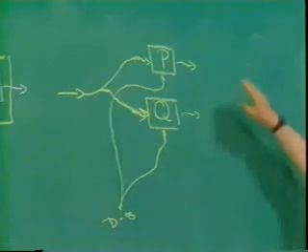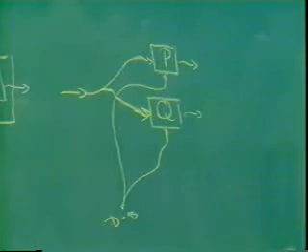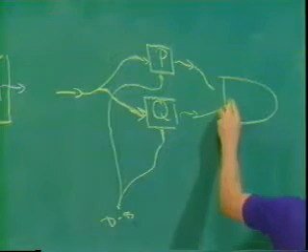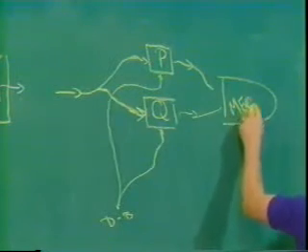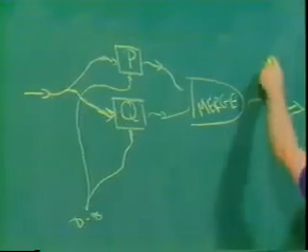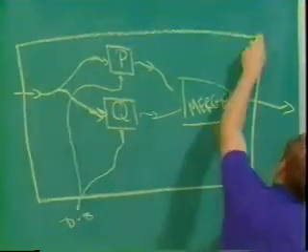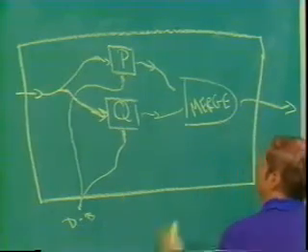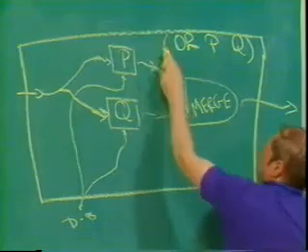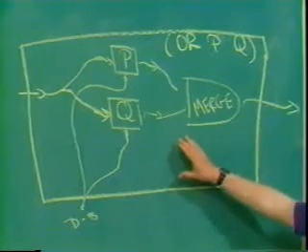So I'll look at all the answers I might get from P and all the answers I might get from Q, and I'll put them through some sort of thing that appends them or merges the results into one stream. And that's what will come out. And this whole thing from the outside is OR. And again, you see it has the same overall shape when looked at from the outside.